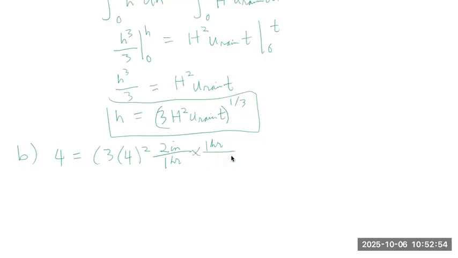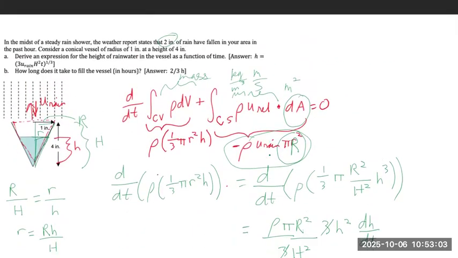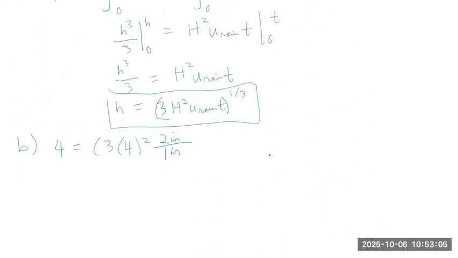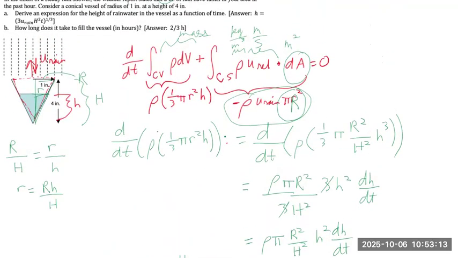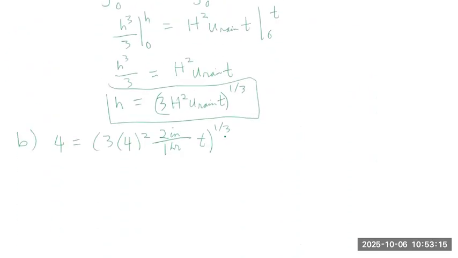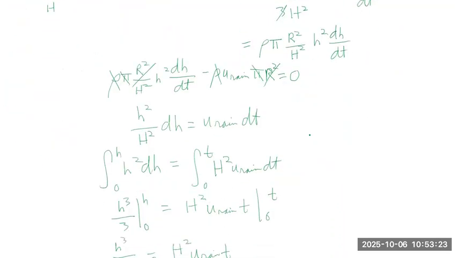We don't have to convert it to minutes because the final unit is in hours, and over the time, which is what we are solving for, we set it to the power of 1/3. So we evaluate this when h is equal to 4 inches, because the height of the vessel is 4 inches.